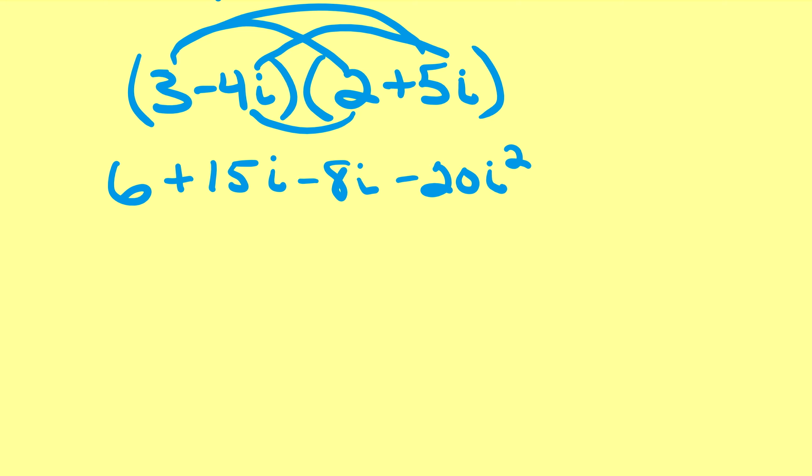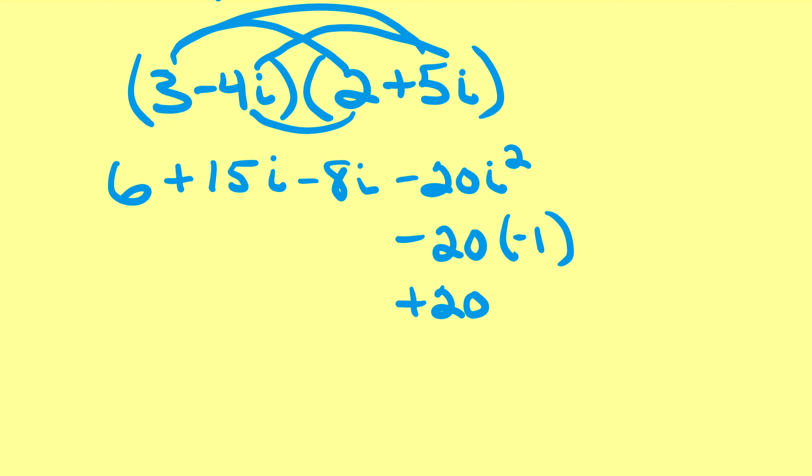Okay, so I can address this now, this part here. Notice I have i squared, and i squared is negative 1. So I could really break this down to be negative 20 times negative 1. And negative 20 times negative 1 is positive 20.